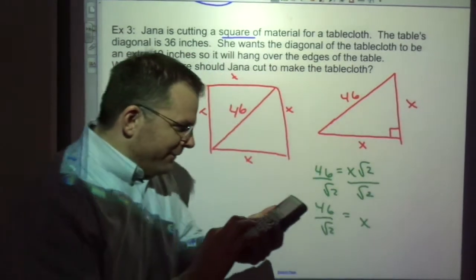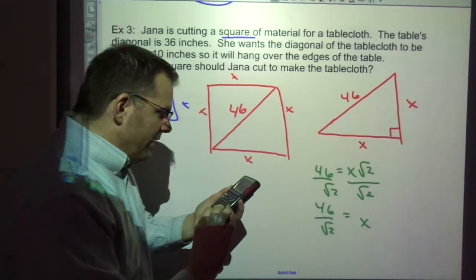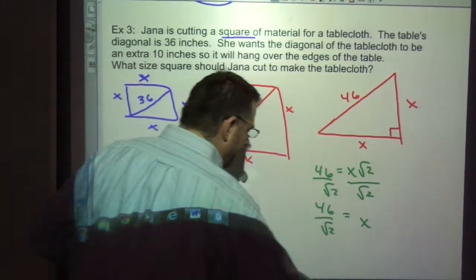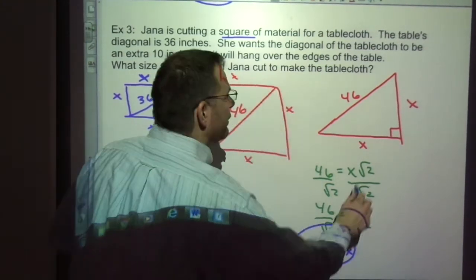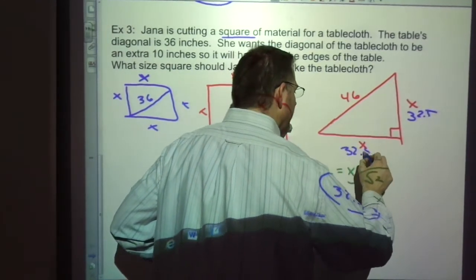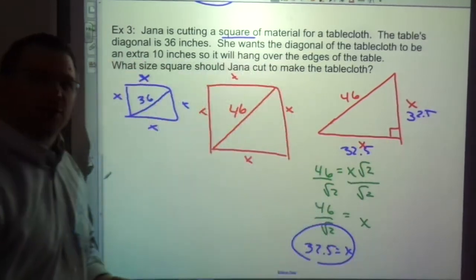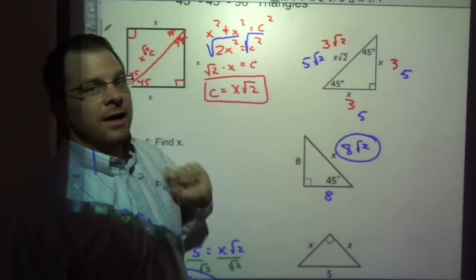Got it. 46 divided by square root of 2, and we have 32.5. So each side here is 32.5. These triangles are pretty easy if you can get this relationship down of x, x, x square root of 2.